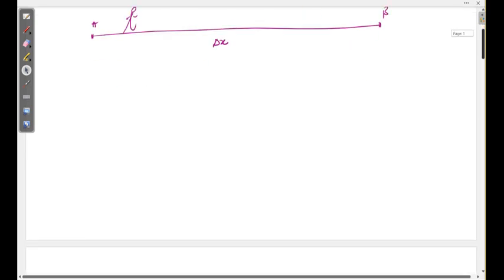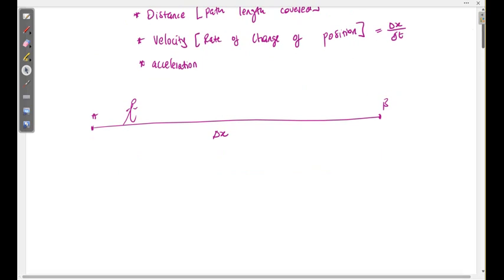So if someone covers 50 meters in 10 seconds compared to someone that covers 40 meters in 5 seconds, who's moving at a higher speed? The person that covers 40 meters in 5 seconds.